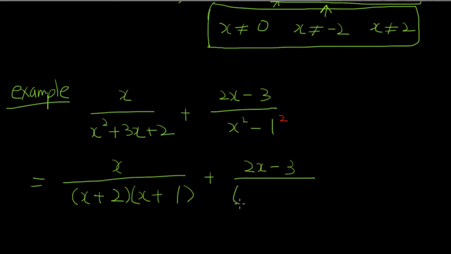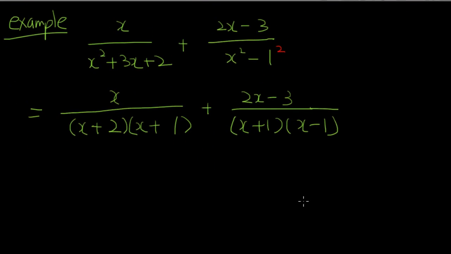So this is difference of square, x plus 1, x minus 1. Just like that. Okay, so look at this. We have x plus 2, x plus 1, and also x minus 1.